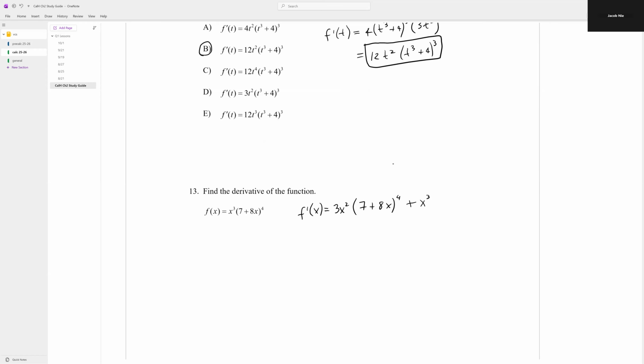And that's going to first require finding the derivative of the power of 4 while leaving the inside the same. So that power of 4 is going to come to the outside. And then I'm going to have 7 plus 8x to the power of 3. And then finally, I'm going to multiply by the derivative of the inside, which is 0 plus 8. So that's multiplied by 8 here. And if I simplify this, I'm going to be left with this.